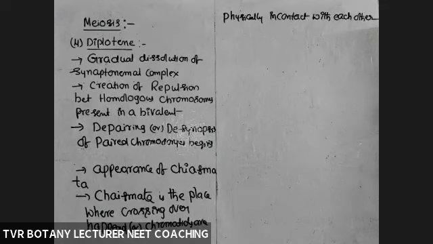What is chiasmata? It is the place where crossing over happened, or chromatids are physically in contact with each other. So that is about diplotene.